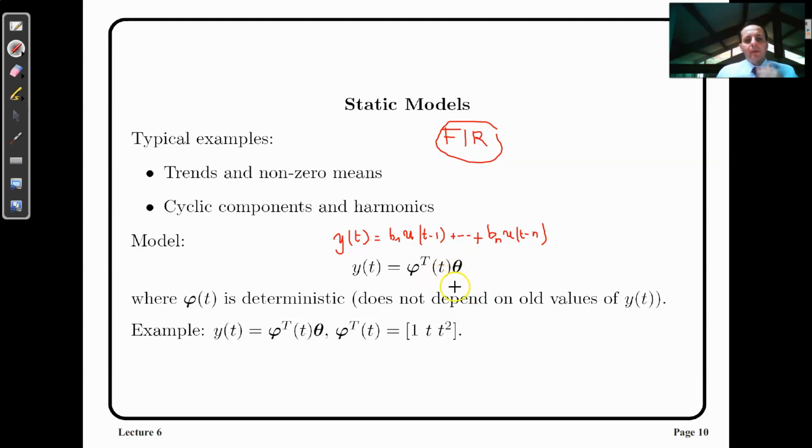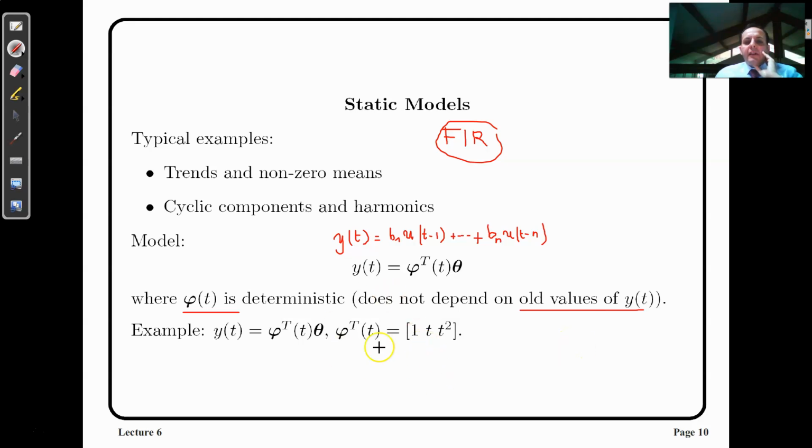Here theta contains the vector b1, b2, ..., bn, and phi, if you remember, is the regressor vector, which contains the delayed inputs only. This is also the simplest case when we consider the properties of your solutions: phi is deterministic because normally u is deterministic, and it does not depend on the old values of y.